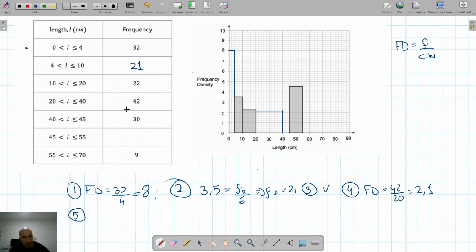Okay, now we have 40 to 45. The frequency is 30 and the class width is 5, so the frequency density is 30 divided by 5, which is 6. So that's going to be 6 here.